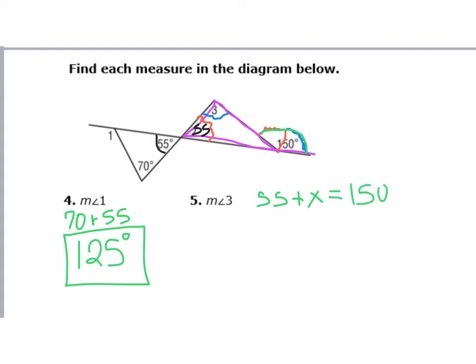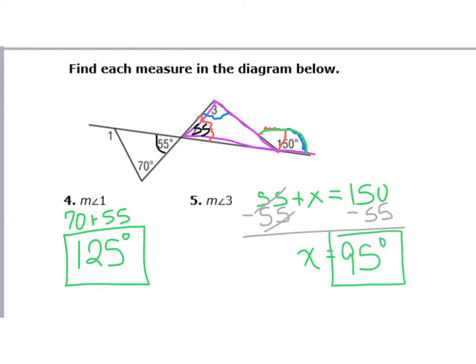So how do I figure out what x is? I just need to subtract the 55 from the 150. Subtraction property of equality, x gives me 150 minus 55 is 95 degrees for angle 3.